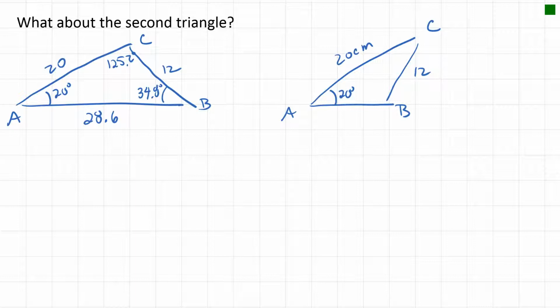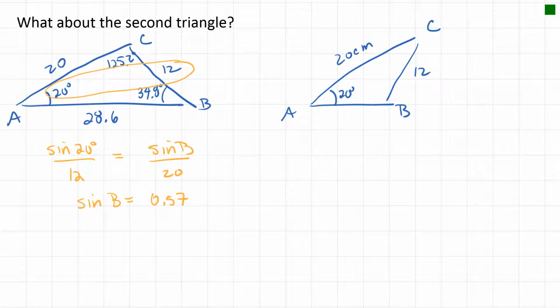Now, how does that fit into our problem? Remember, we solved the triangle once and found all these beautiful sides and angles. And part of that process was setting up this sine rule. The sine of 20 degrees over 12 was equal to the sine of b over little b, which is 20. And we solved that and got to this stage, sine of b is equal to 0.57.